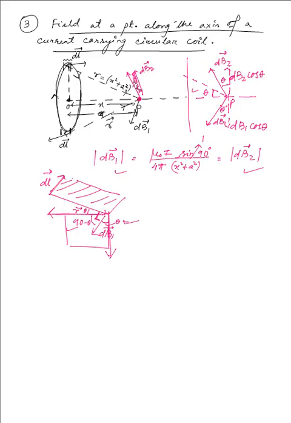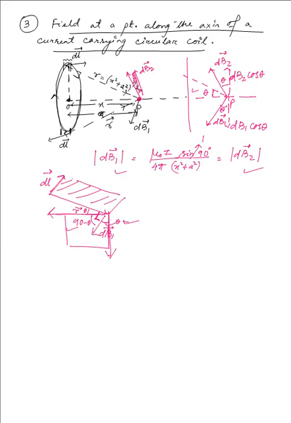And that is the exact use of taking the diametrically opposite elementary lengths, dl on the top and dl exactly diametrically opposite at the bottom. By taking these diametrically opposite elementary lengths, we do away with the cosine components and make the calculation easier.